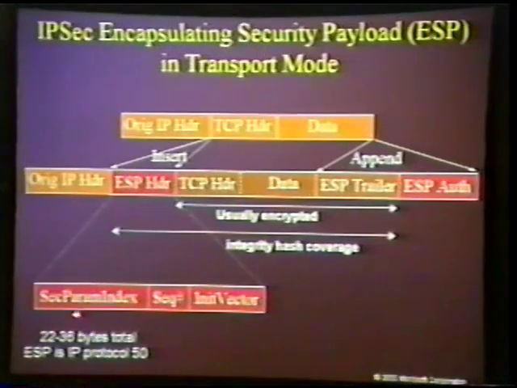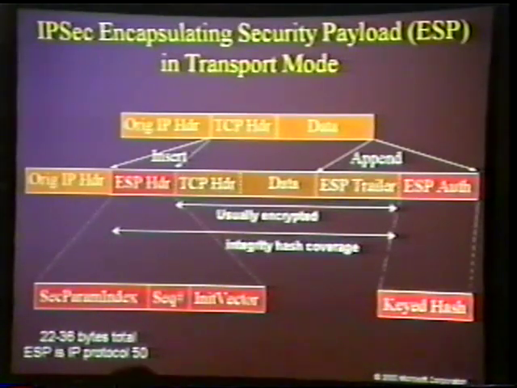We've got the security parameter index, a sequence number, and an initialization vector, which when we're starting up the actual transport connection, the initialization vector is used for the encryption of the data carried in the ESP. ESP also has a trailer, the authentication data, which is going to be the authentication data for this integrity hash. The information that's generated by that integrity hash goes into this final field in the ESP trailer.